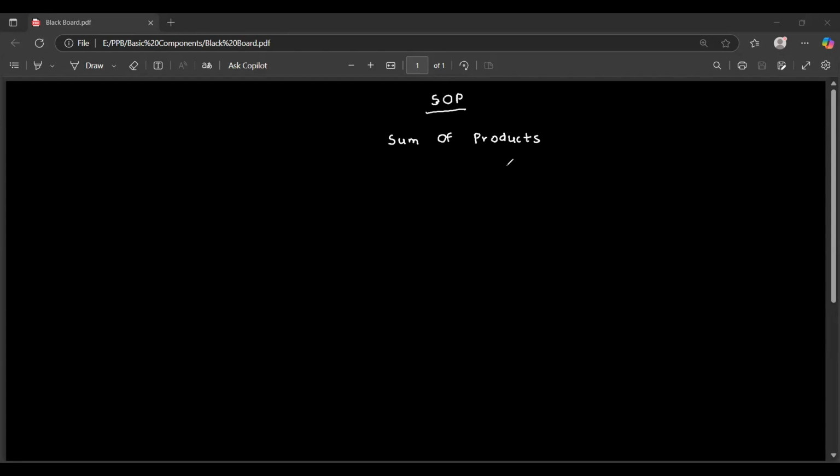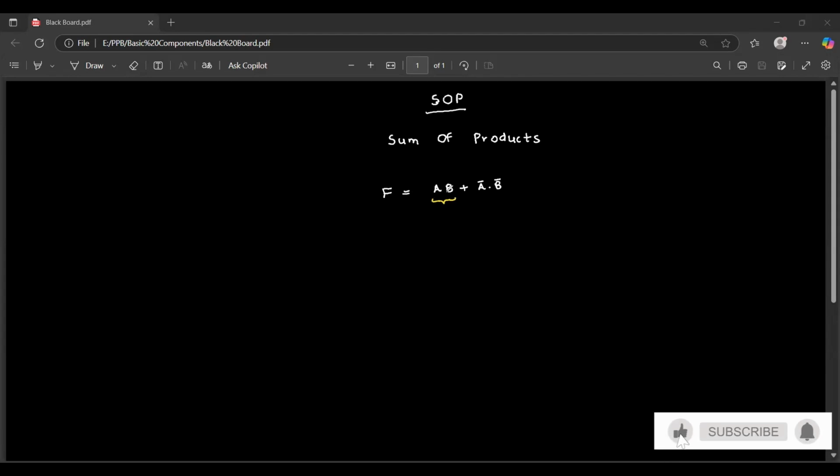So what are some examples of sum of products? Let's say the output is given as f equals ab plus a bar dot b bar. If you look at this closely, here we have two signals given as products. The signals a and b have been combined using an AND gate, so we can say a dot b or a times b.